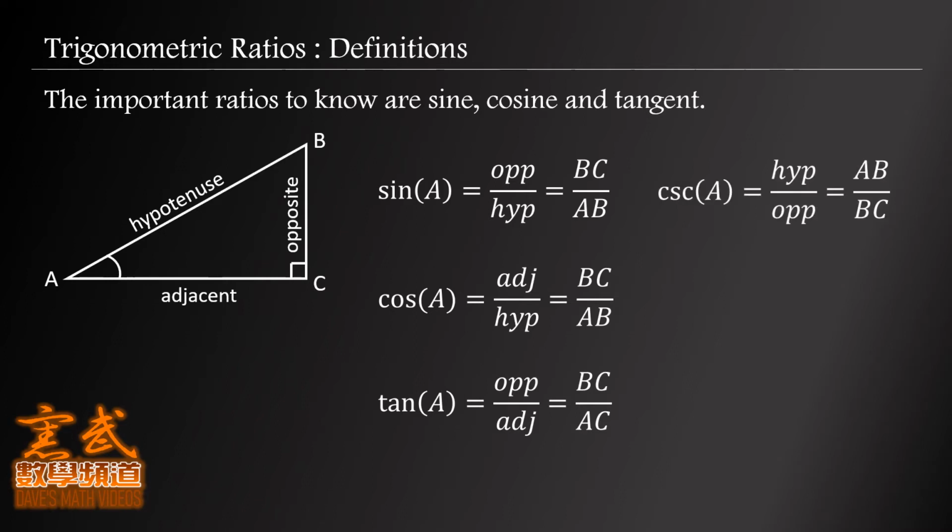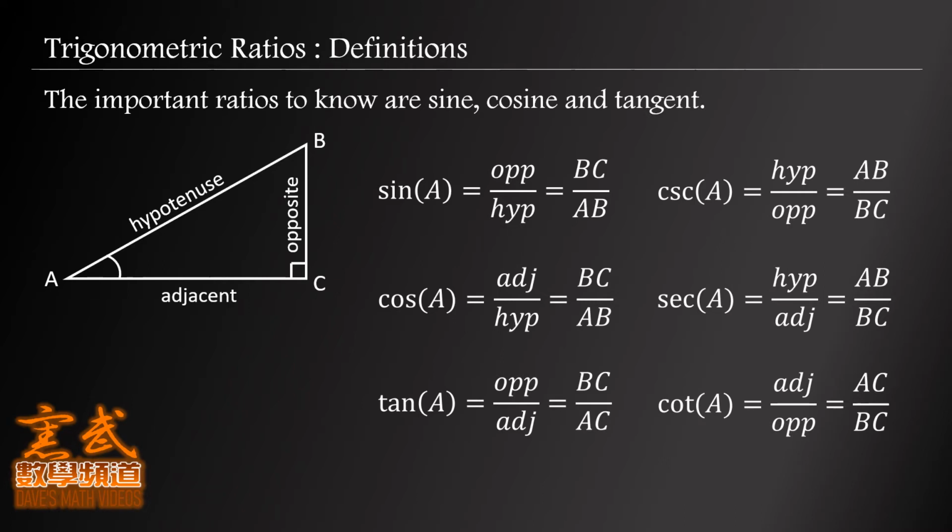There are also three more trigonometric ratios that might pop up from time to time. These are the cosecant of A, which is the hypotenuse over the opposite, which is AB over BC, which is simply the reciprocal of sine of A. There is also the secant of A, which is the hypotenuse over the adjacent side, which is AB over AC.